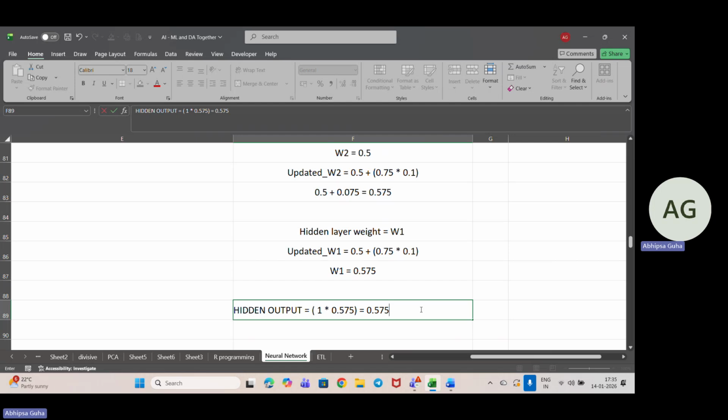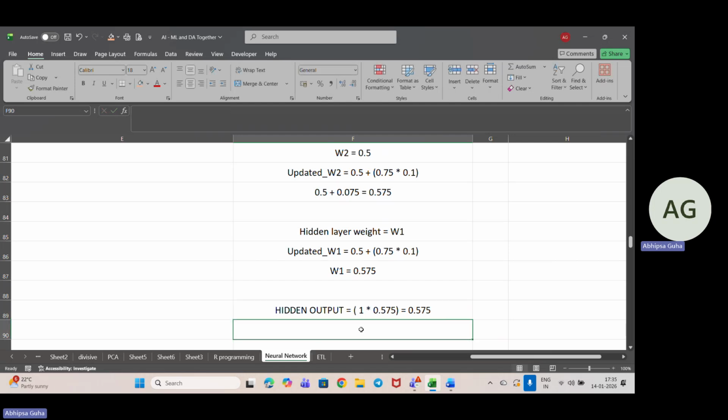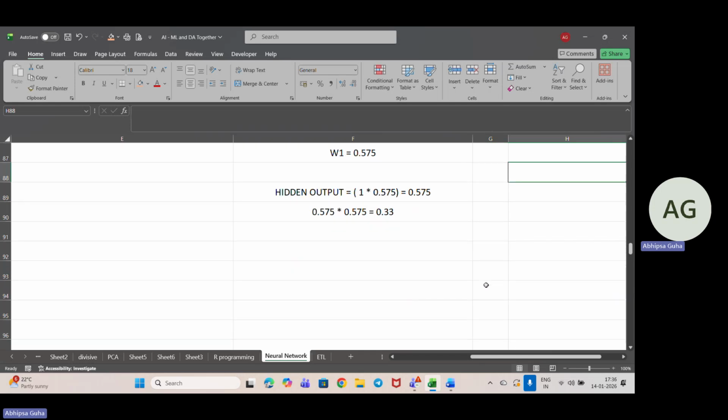Now my output layer neuron, I will be checking. I need to multiply this value 0.575 with the updated weight, 0.575 into 0.575, right? So my value is coming approximately around 0.33.